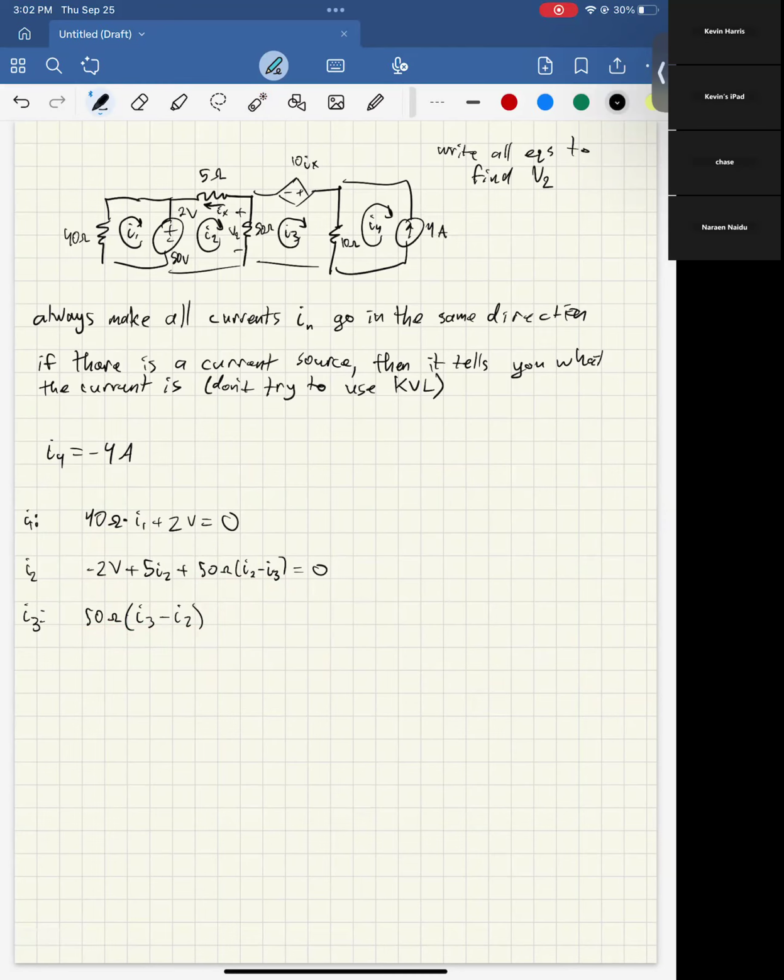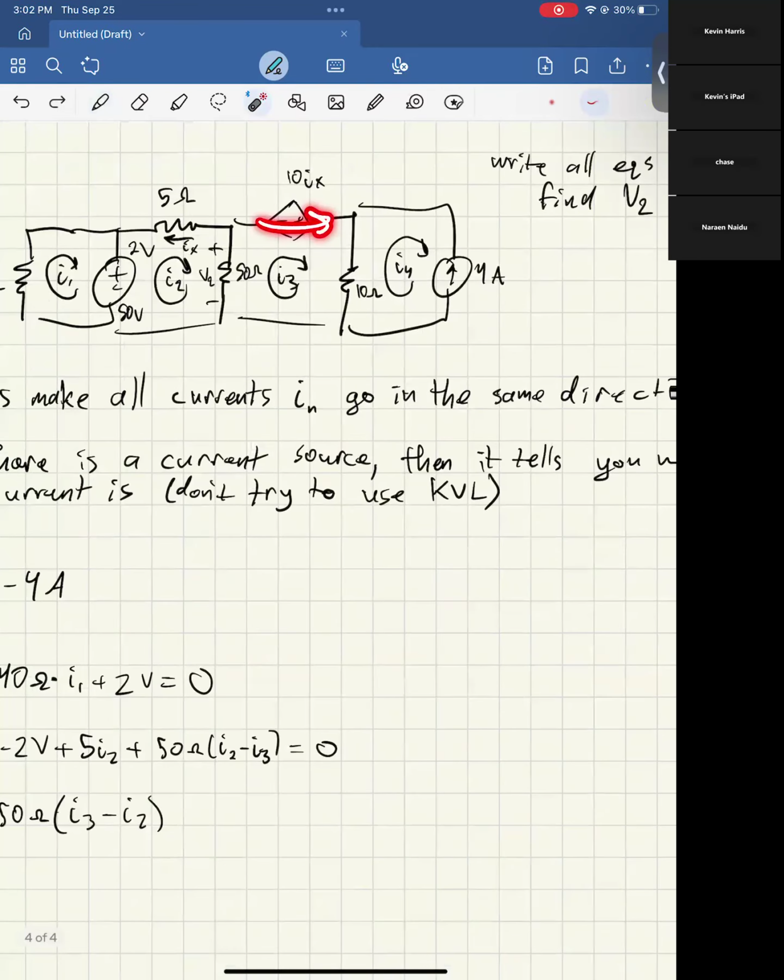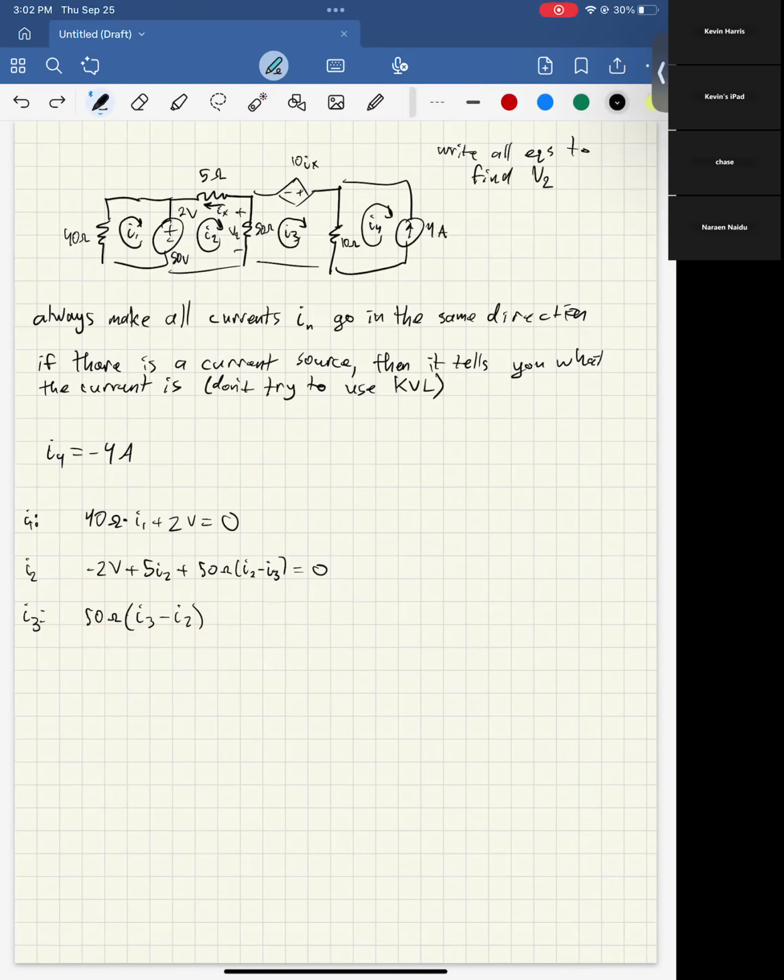For this 10Ix, is this going to be positive or negative? Well, let's look. We have the current going this way, and the voltage drop is not in the direction of the current. So that means it's a negative 10Ix. Even though it has a current here, it's telling us it's a voltage source, so it's a voltage.